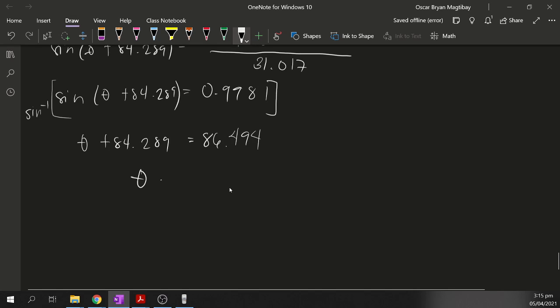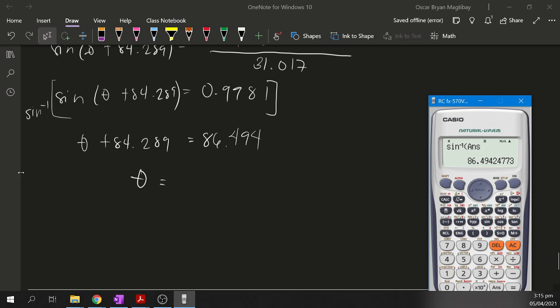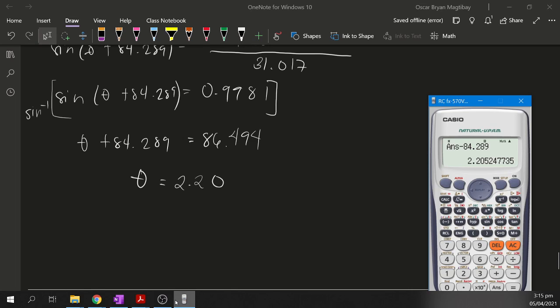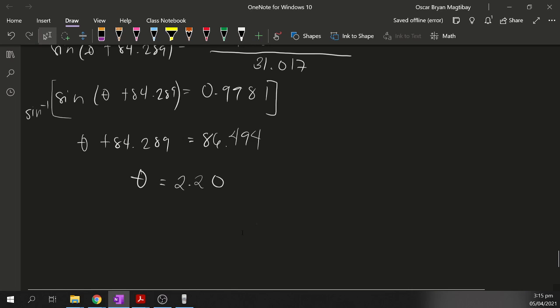So theta now is equal to what? So minus 84.289. Your theta is 2.205 degrees.